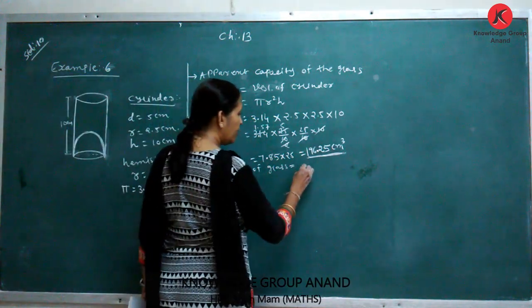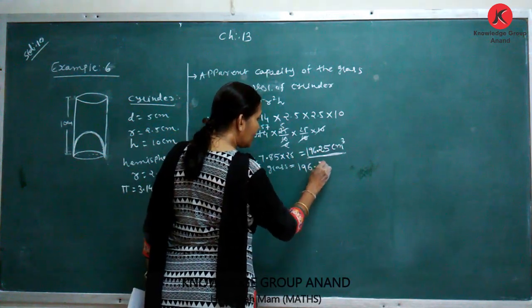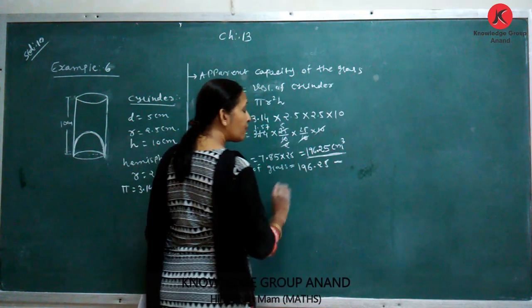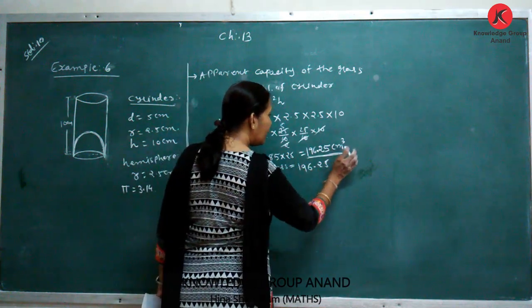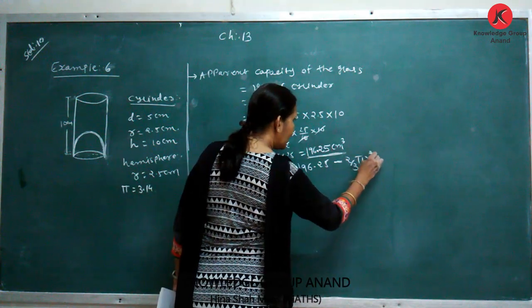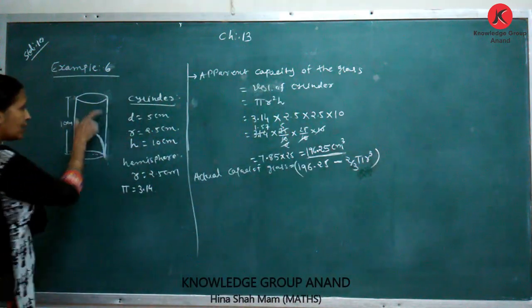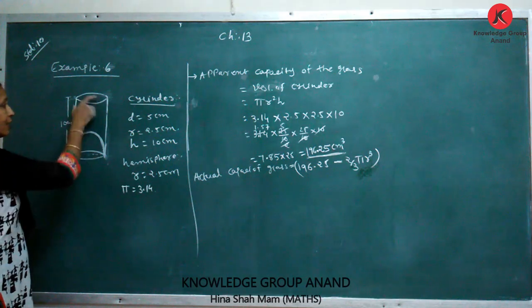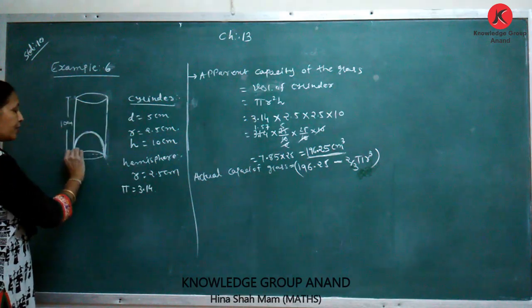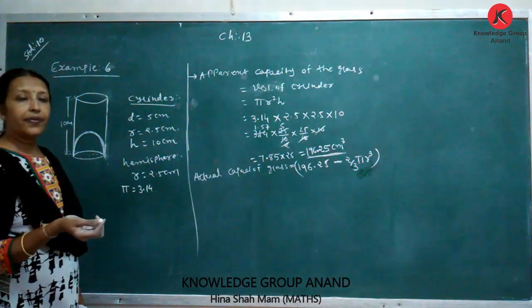Then we write 196.25 minus 2 by 3 pi r cube. Actual capacity is equal to volume of cylinder minus volume of hemisphere.